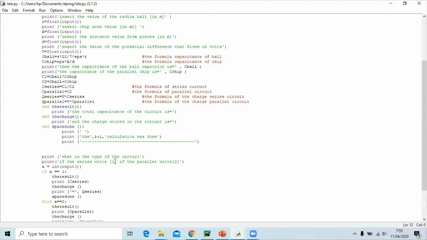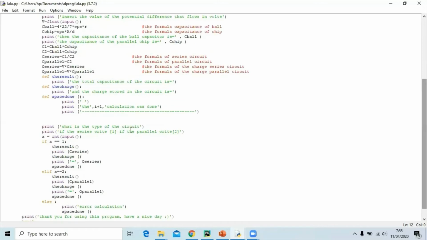So if you take 1, the program if will be run, and if you write 2, the program elif will run. And if you put neither 1 nor 2, for example 3, the program else will be run, and the program will print error calculation.